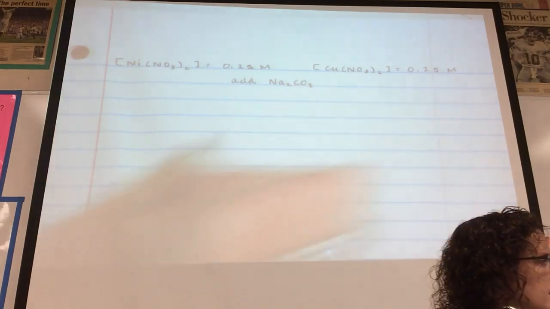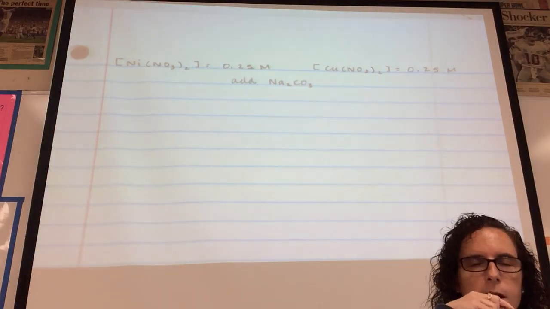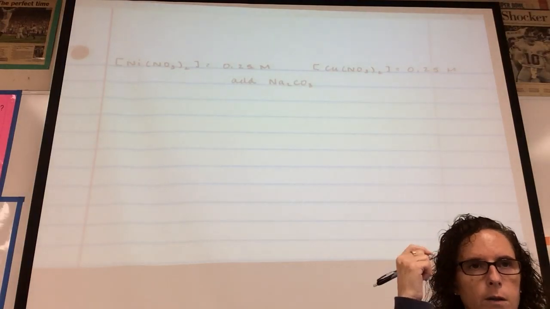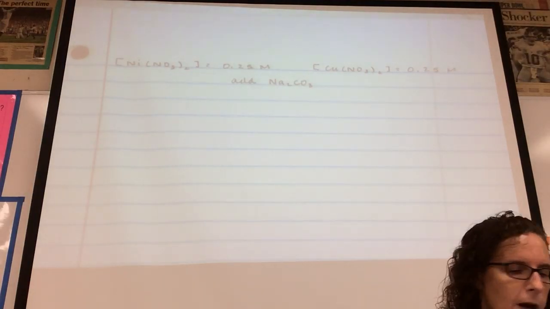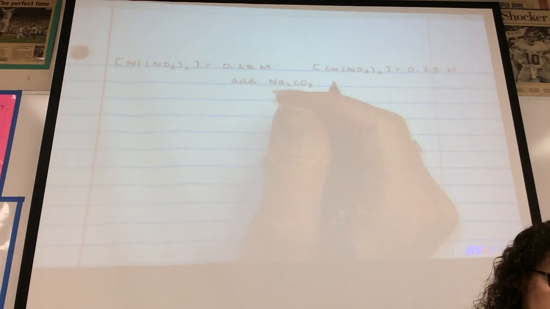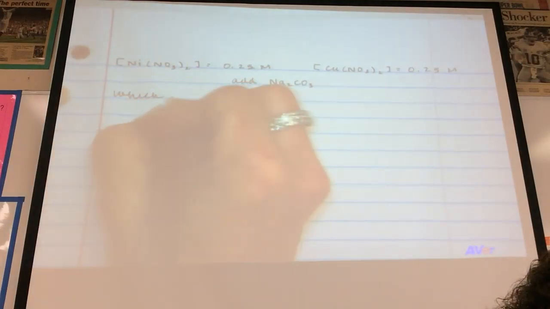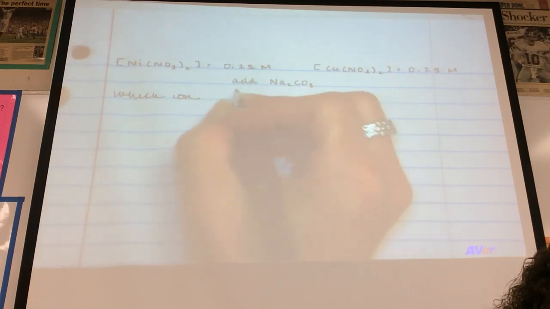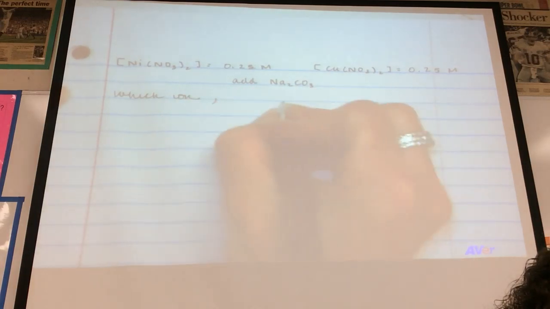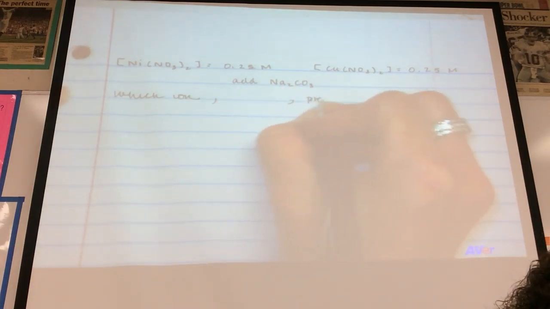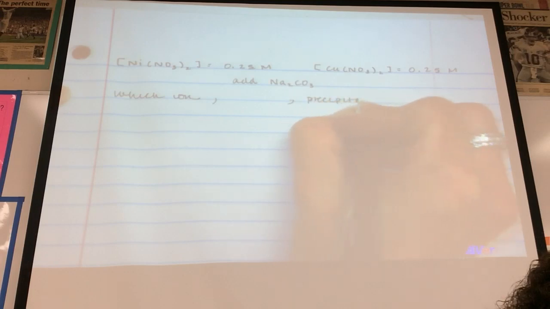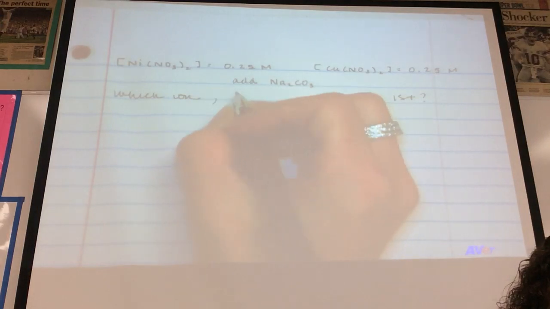sodium carbonate. How do you know sodium carbonate is water soluble? All compounds that contain a group 1 ion are water soluble. You got it. And we want to know which ion precipitates first. What ions are we deciding between?